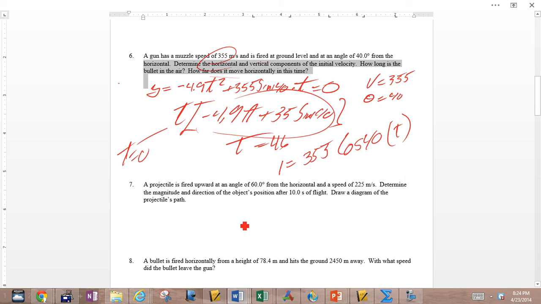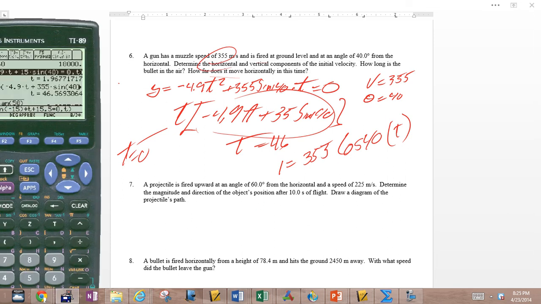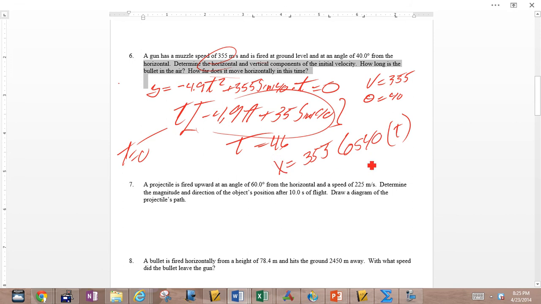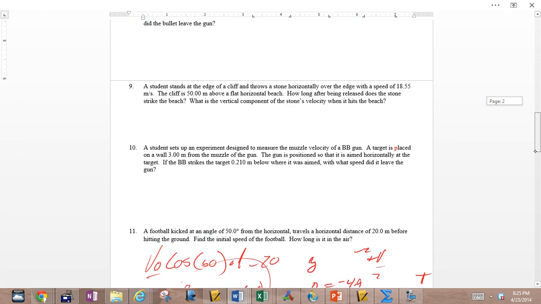Again, I can show you that on the calculator. It is exactly the same setup. The time it's in the air is 46 seconds. So 46 seconds plugged into the equation for x here will tell me how far it's traveled downwind, or down the range.